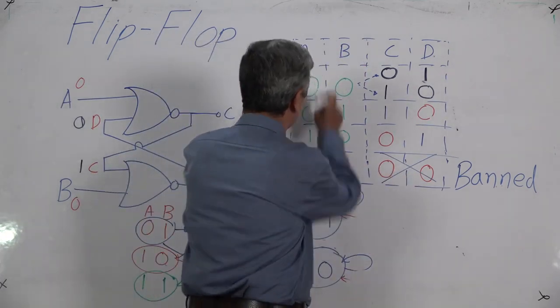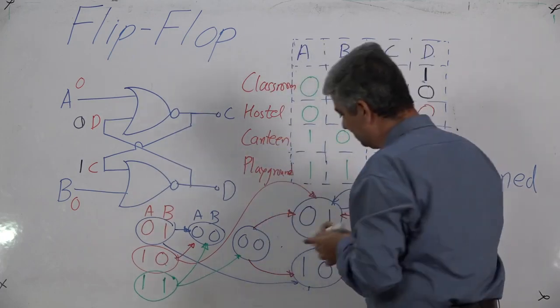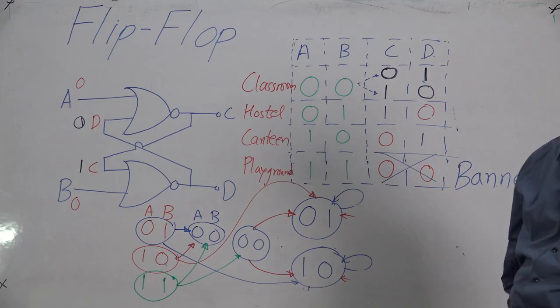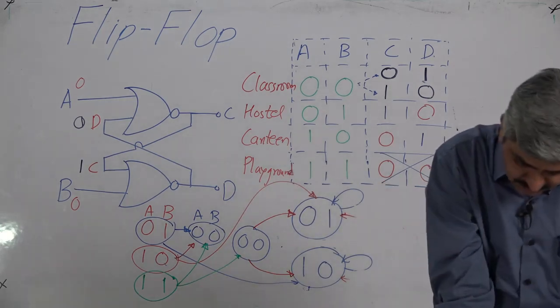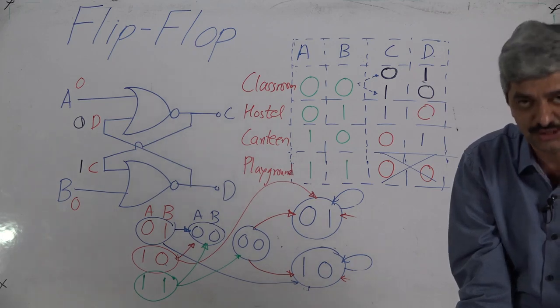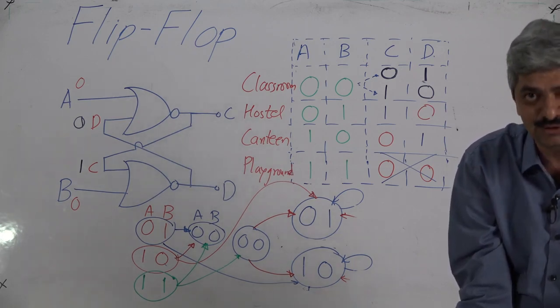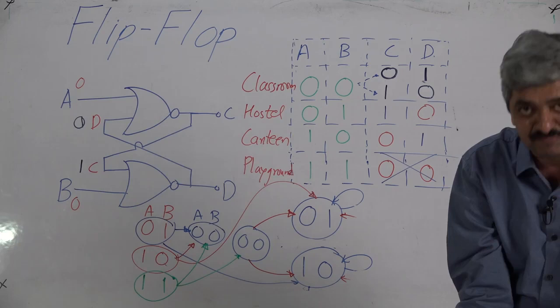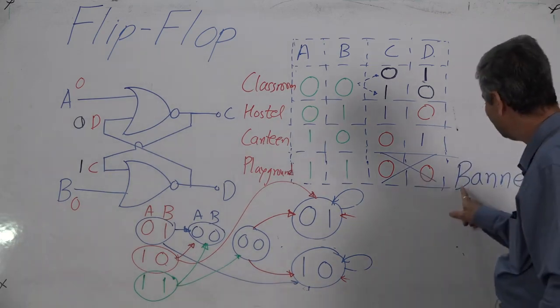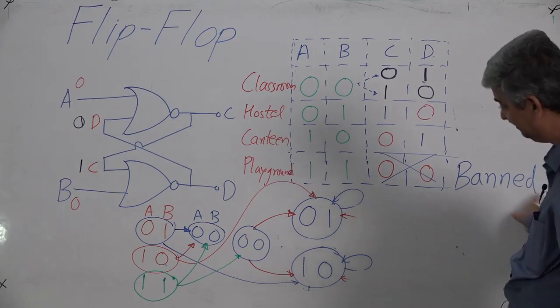If I move from here to here, the race is either here or here. So, if previous input state is 1, 1, previous output state is 0, 0, if I make input as 1, 1, I can't predict what the output will be.